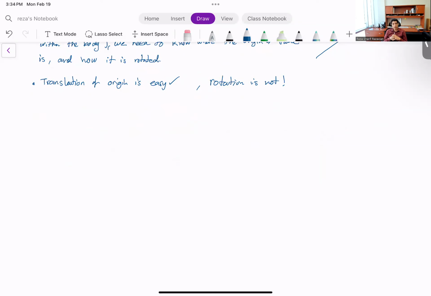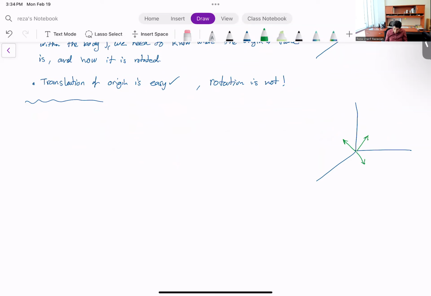For this video and the next few ones, we are just trying to describe rotations in 3D. Now to do that, let's just focus on rotation without translation. I have again a frame, a nice and good frame, and I'm going to create another frame at the same origin, only rotated.